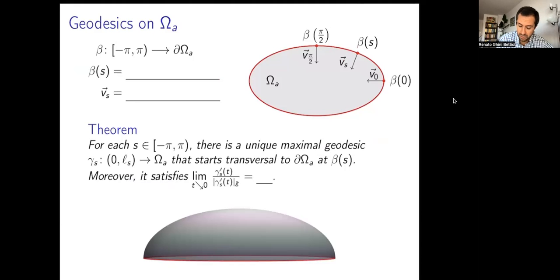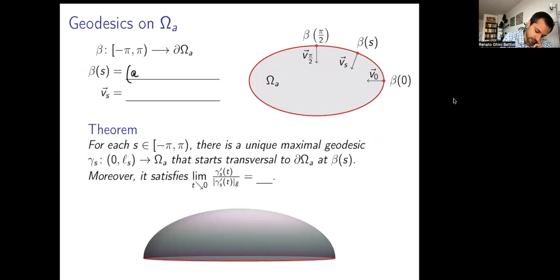I can't use a normal exponential map, for example. I need to justify that such things exist, that I can actually shoot a geodesic inwards in this setting. For doing this, let's parameterize the boundary with this curve beta.